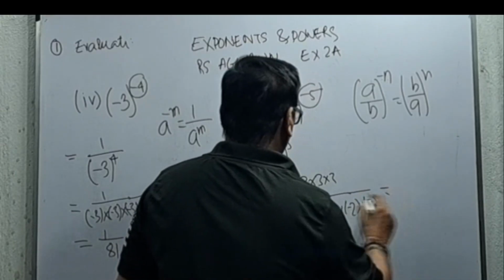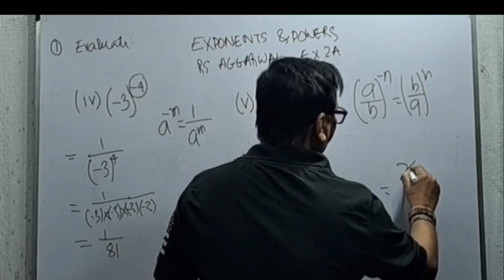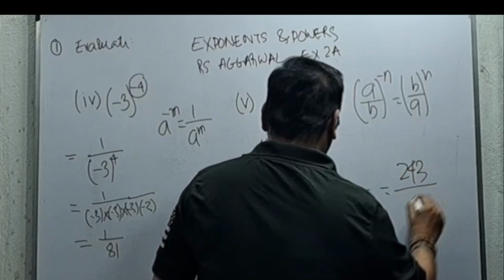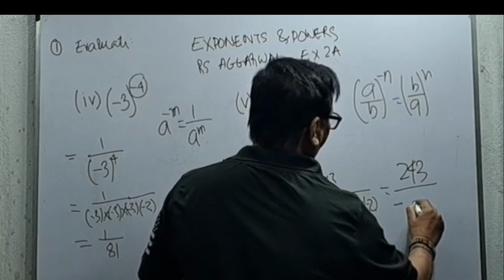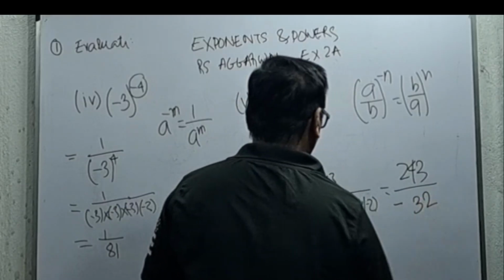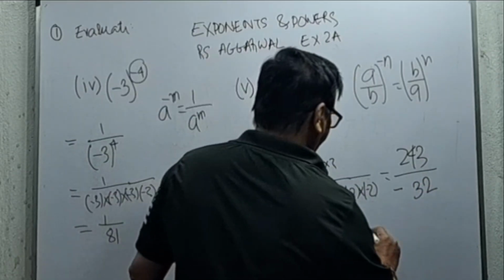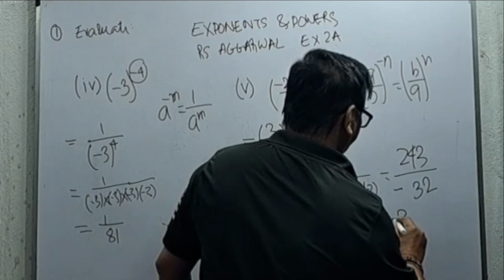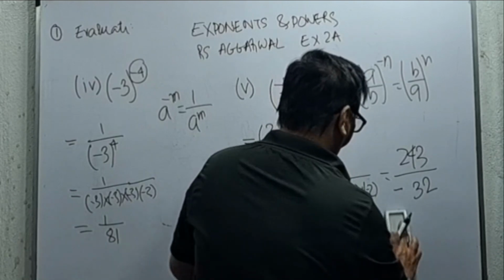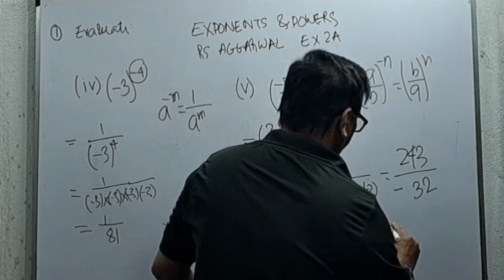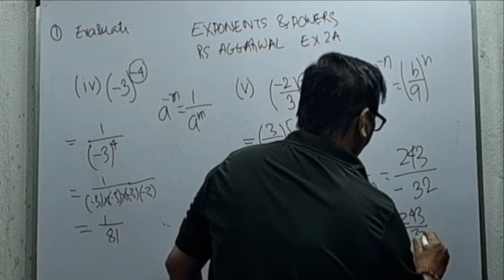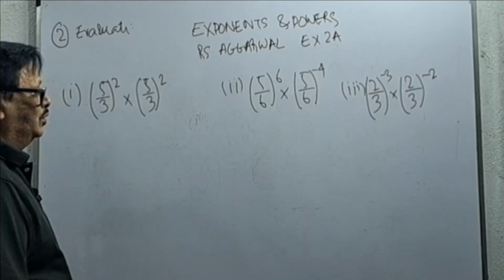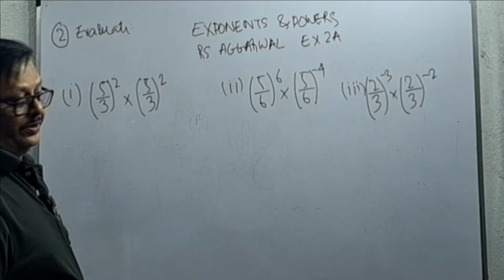So we get here 243 divided by minus 32, correct? Which is same as minus 243 by 32.